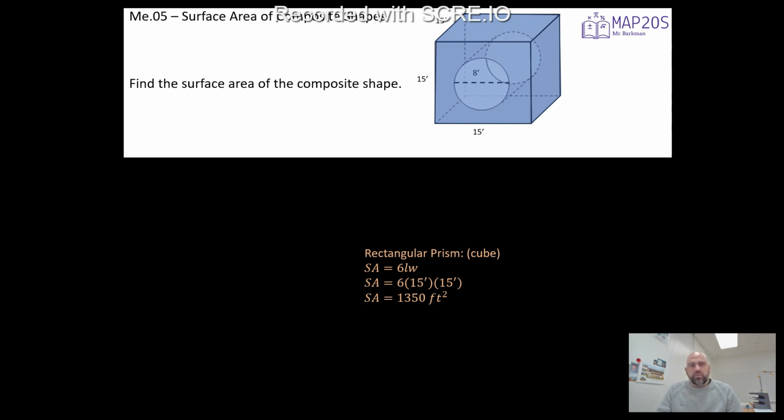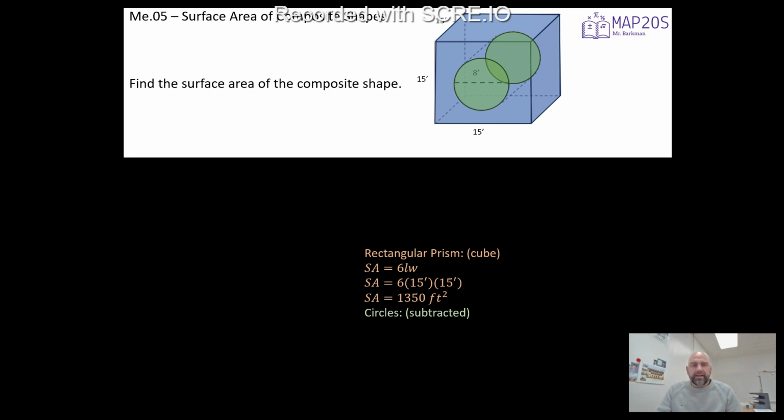Now, you'll notice that two of these sides, the front and the back, are not complete. There's a circle that's going to be cut out of there, and that's actually what we're going to look at next. We're going to cut that circle out of there, and we have 2 of them. So there are 2 circles that we need to cut out. These need to be subtracted in the long run.